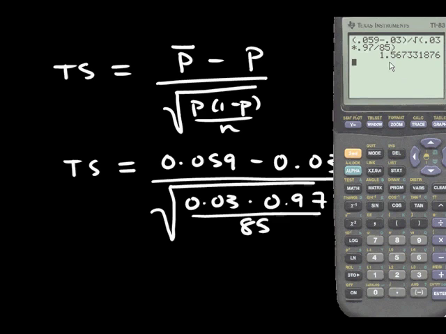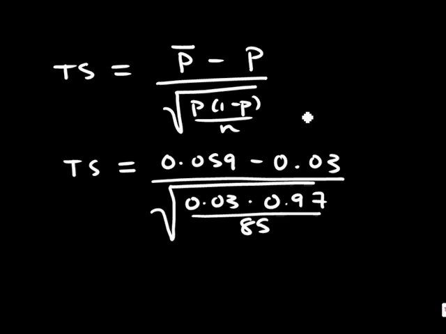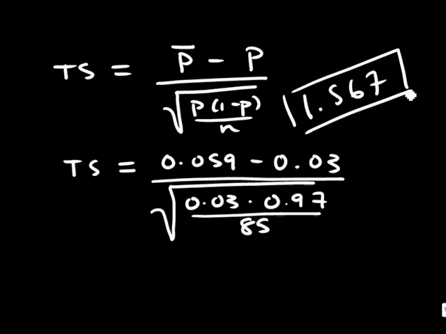Now, since our critical value is to the nearest thousandths, I guess we can say that our test statistic is approximately 1.567. This is our test statistic. To the nearest hundredths, it's about 1.57.